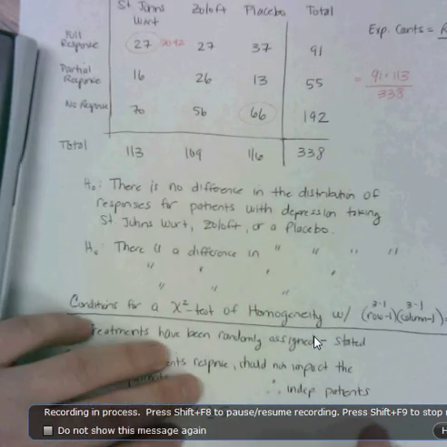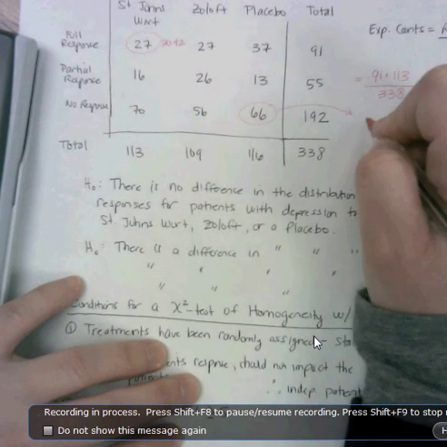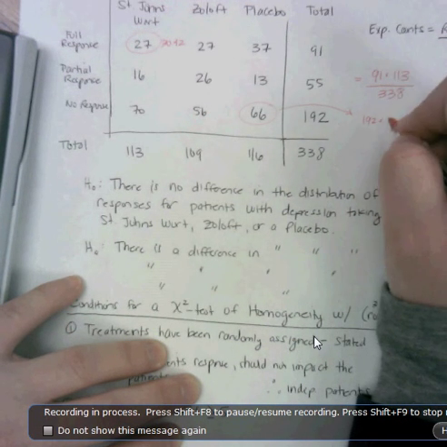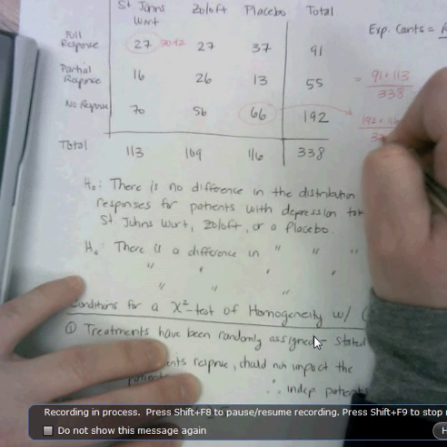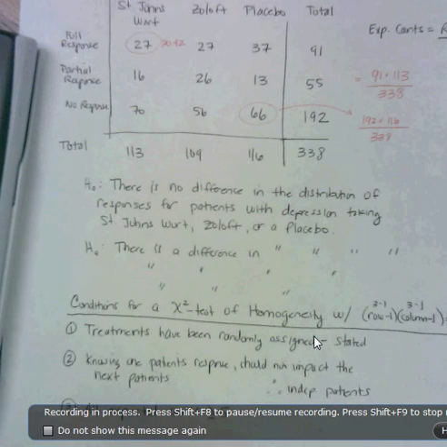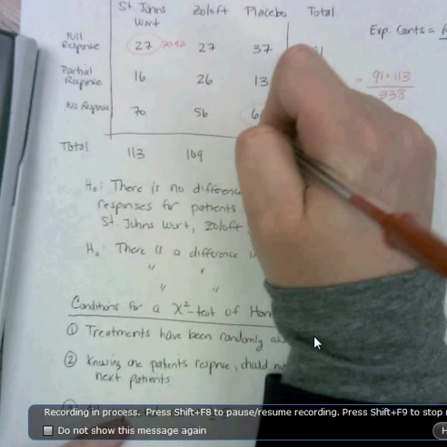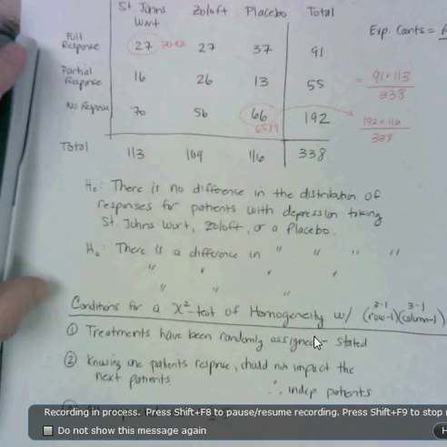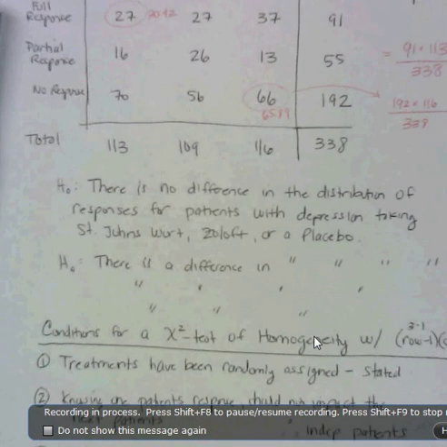So I'm going to take the row total, which is 192, times the column total, which is 116, divide that by the total, which is 338. So 192 times 116 divided by 338 will put me at 65.89.